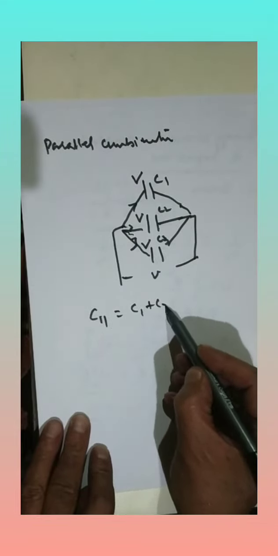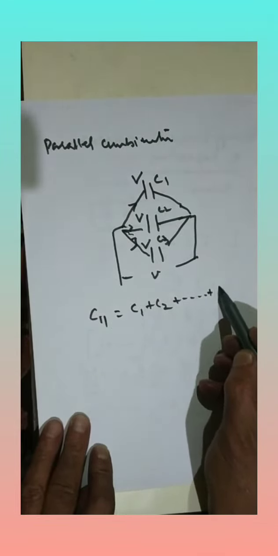So potential at capacitor C1 will be V, here it will be V, here it will be V. Here charge does not remain the same because of the branching. Okay. Now we know that in parallel combination, total capacity is equal to C1 plus C2. If we have n capacitors, it will be up to Cn.